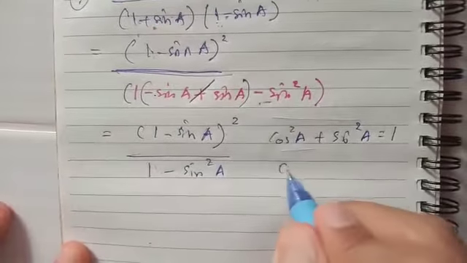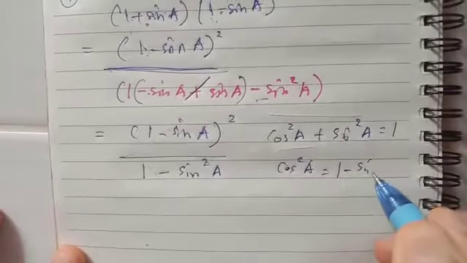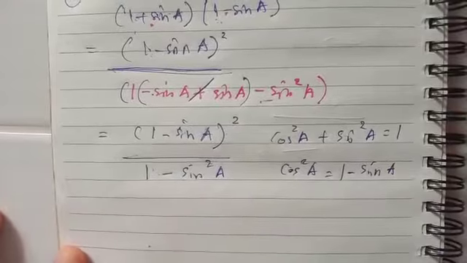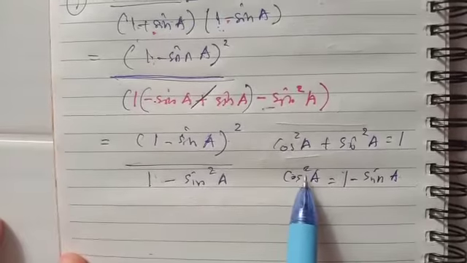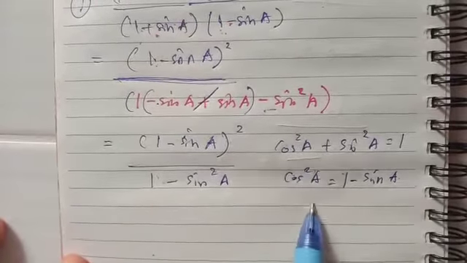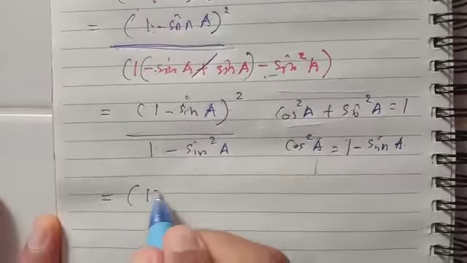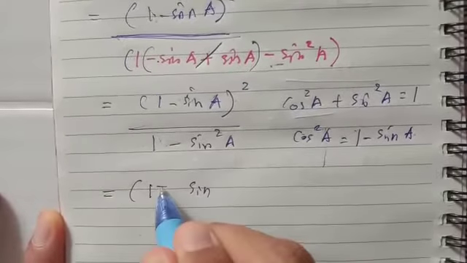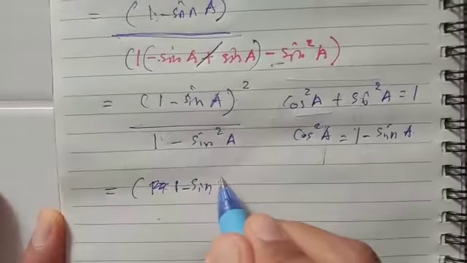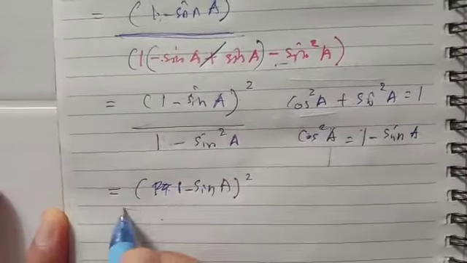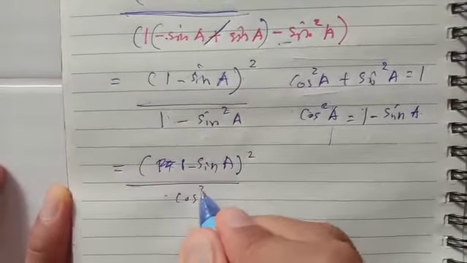So cos square of A equals 1 minus sine square of A. So we can substitute the denominator with cos square of A. We continue: 1 minus sine A, squared, divided by cos square of A.